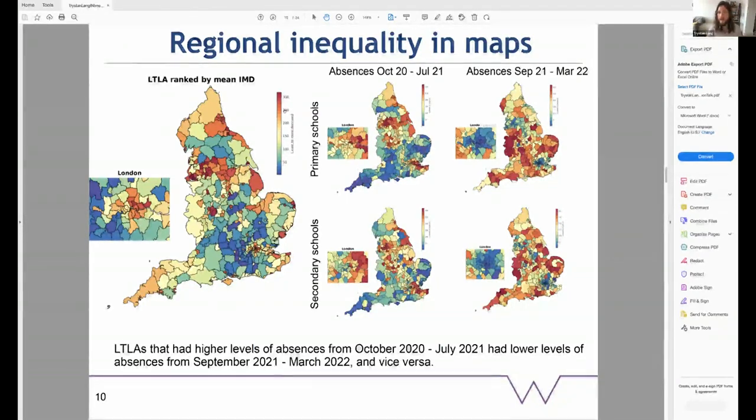And on the right, I've done the same, but for September 2021 to 2022. Comparing the central and right columns, one interesting thing is these seem to be the inverse of each other. Areas that had high levels of absences in the 2020-21 term had low levels of absences this term, and vice versa in general.